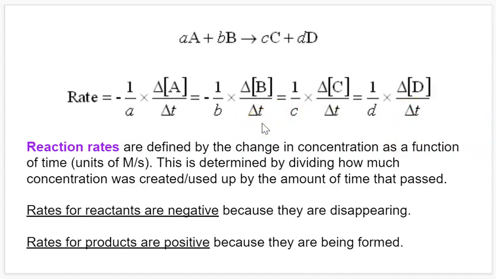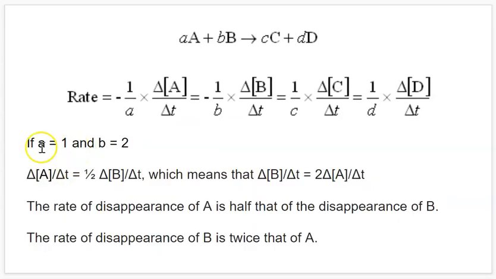by their mole ratios. For example, say that the coefficient for capital A was 1 and the coefficient for capital B was 2. We could say that the rates of A and B, respectively, have this following relationship. That the rate of A is going to be equal to 1/2 of the rate of B. And that makes sense because B has 2 as a coefficient and needs to be used up twice as fast as A because we need to use 2 B's for every 1 A in our reaction.